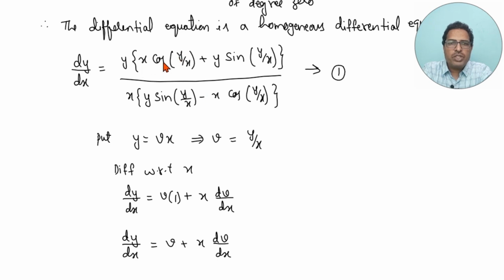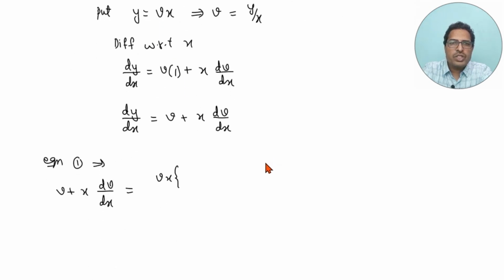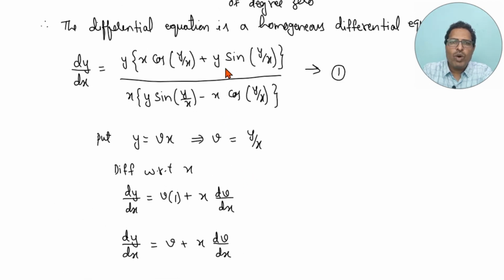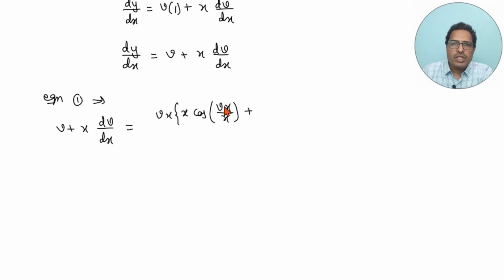Let us replace y by vx and retain this x as it is: cos of vx divided by x, next term plus y replaced by vx into sine of vx by x. That is the numerator value.